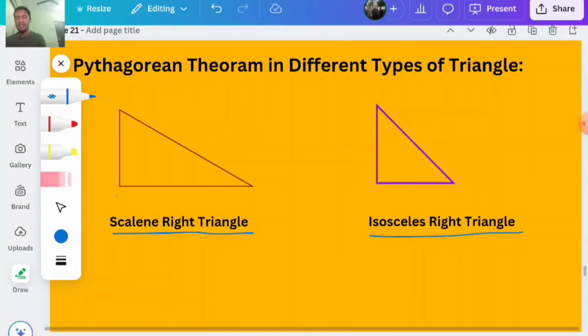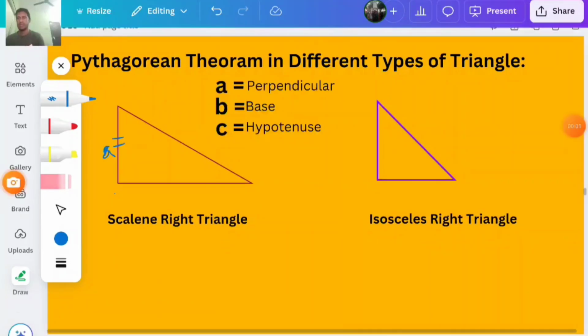In the scalene right triangle, you see here, the three sides of the triangle will be different. Here this is the perpendicular, denoted by A, this is the base, and this is the hypotenuse.